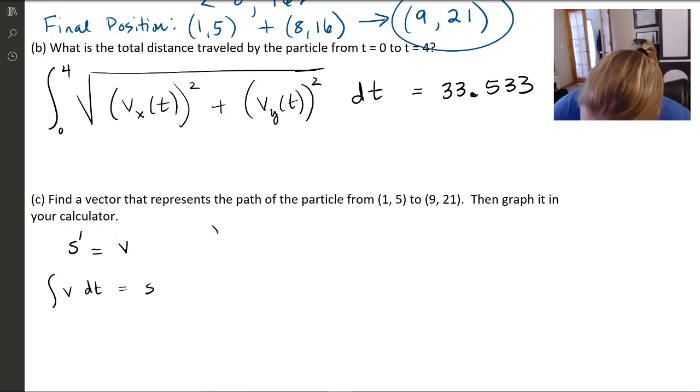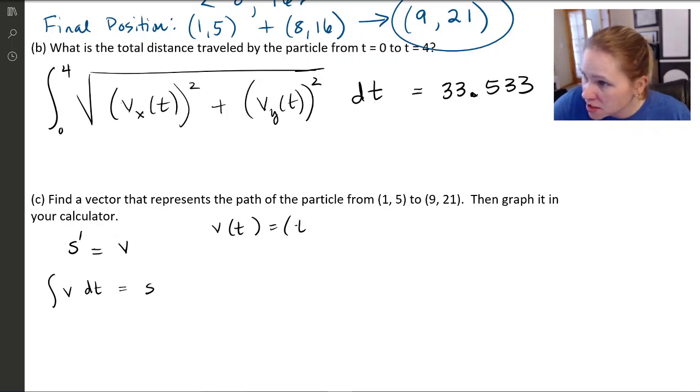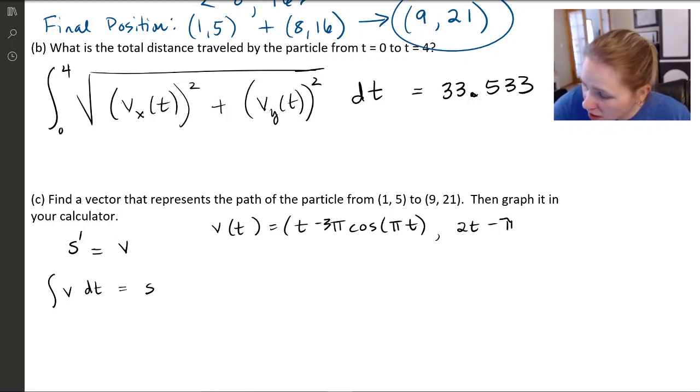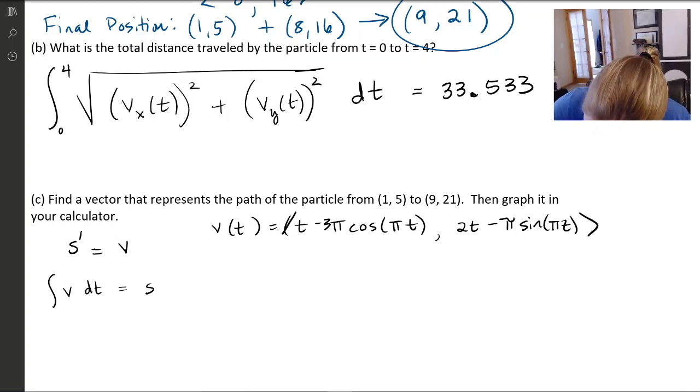So recall, this is what we started with. We have t minus 3 pi, so much going on, and then 2t minus pi sine of pi t. All right, so there we go. So my position would simply be the antiderivative.